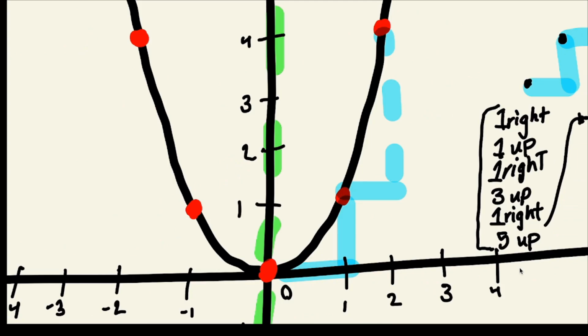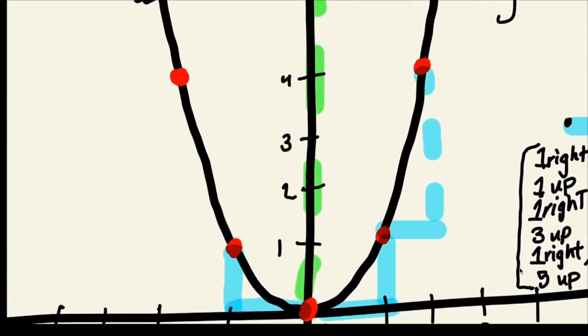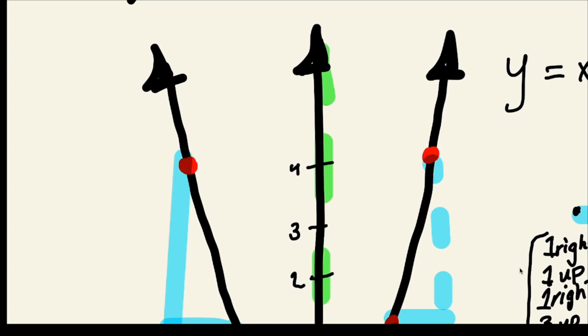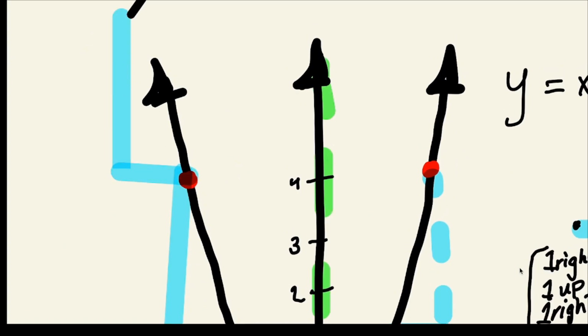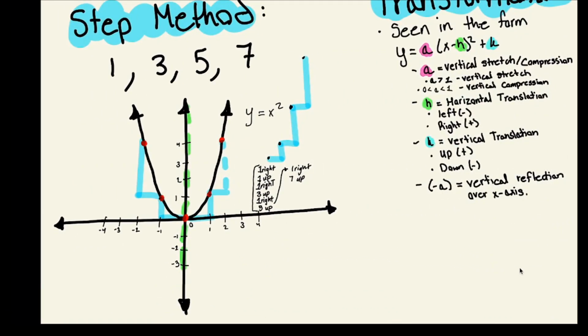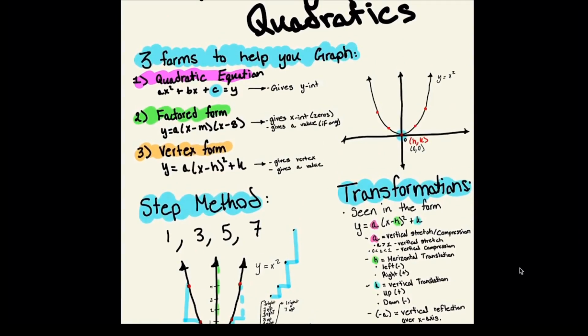It's just going to be 1 left, 1 up, 1 left, 3 up, and again 1 left, 5 up, right? And that's basically it. It's not that bad. Once you put it into context, it'll make much more sense, right?